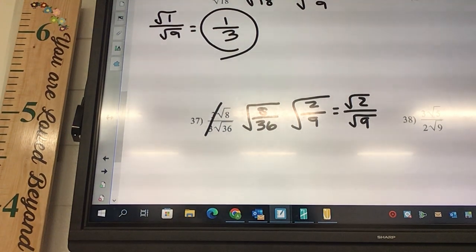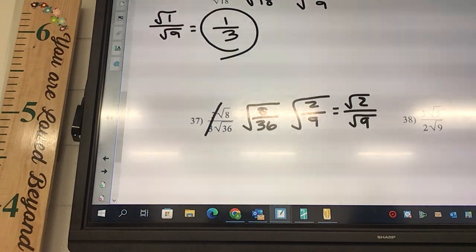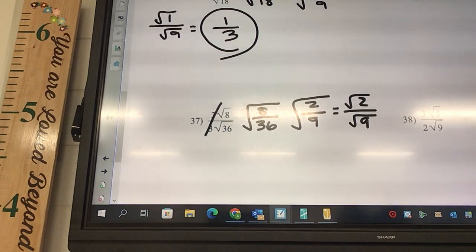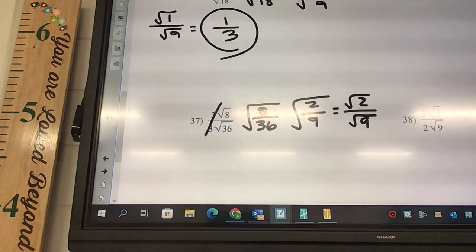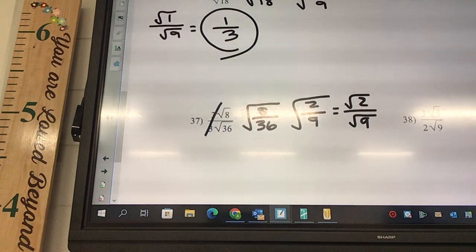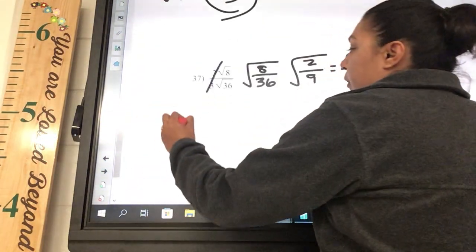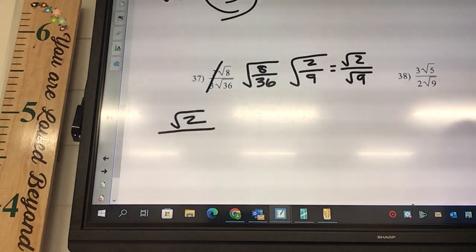I thought you were getting 2, but I know it's not 2. So the square root of 2 is still the square root of 2. What is the square root of 9? 3.